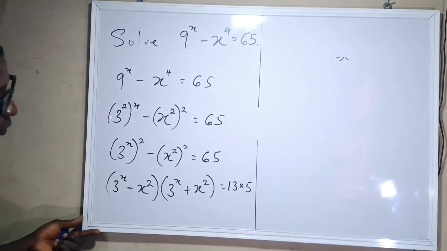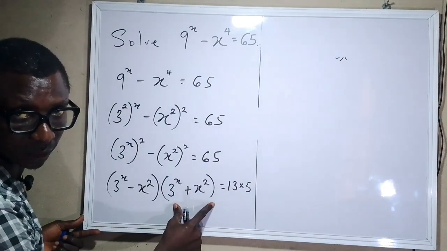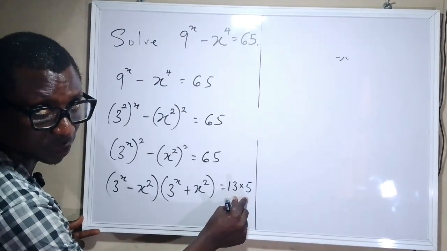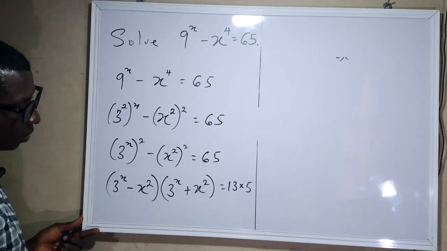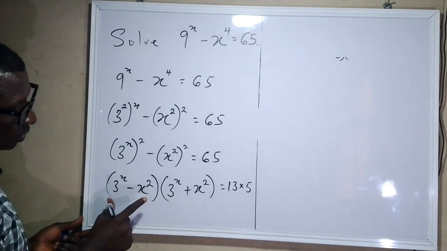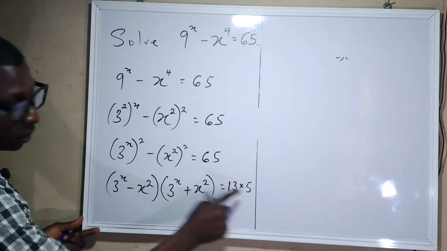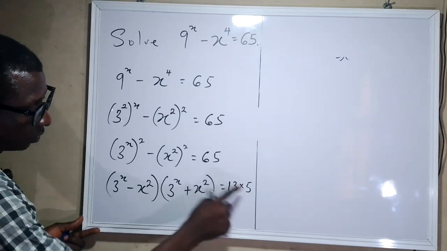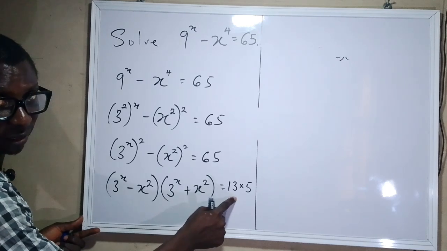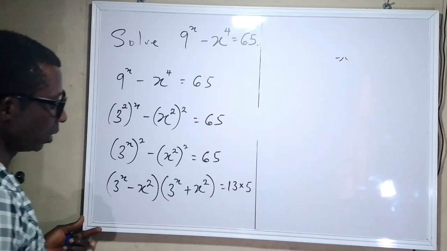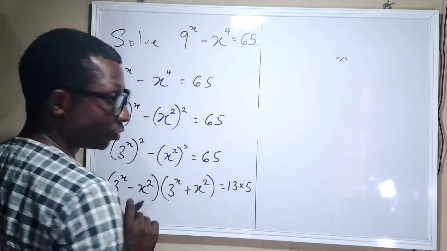Now two numbers multiplying each other are equated to two numbers also multiplying each other. So that means this will be equal to 5 and this will be equal to 13, if we must preserve the equality. So I now have two equations.